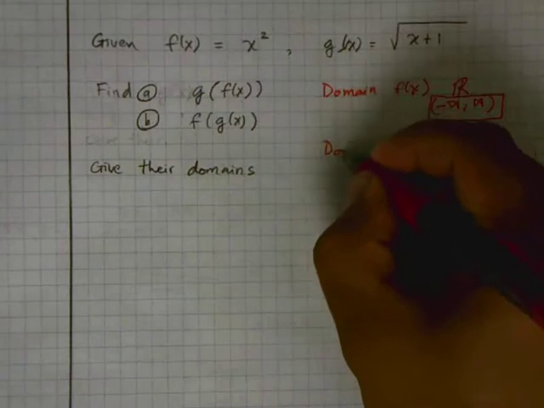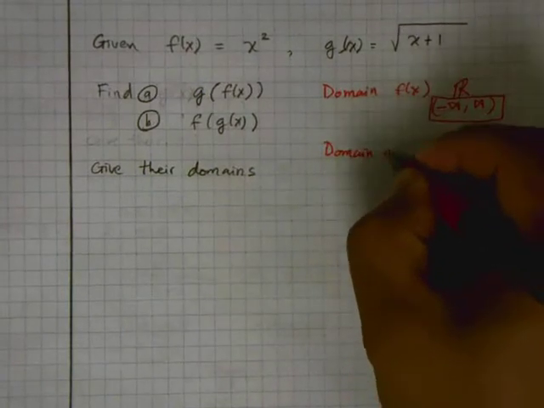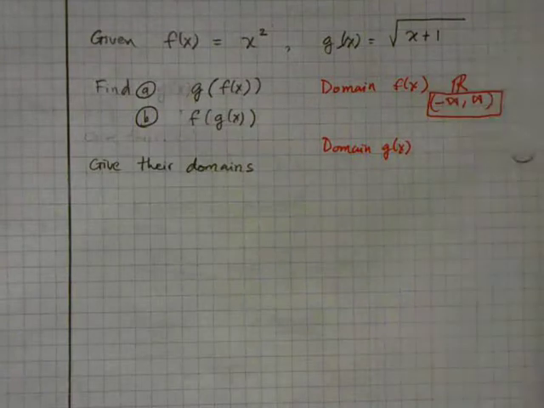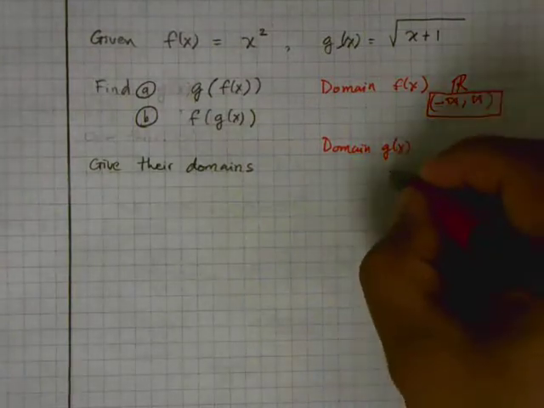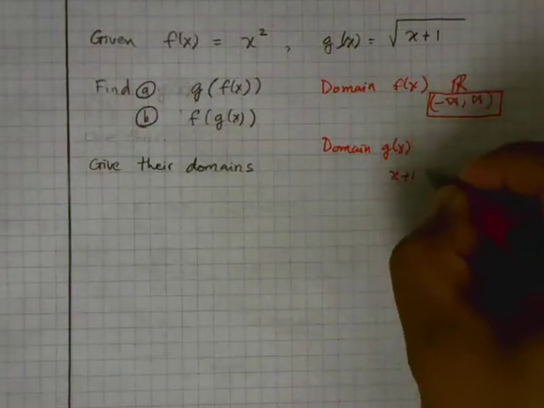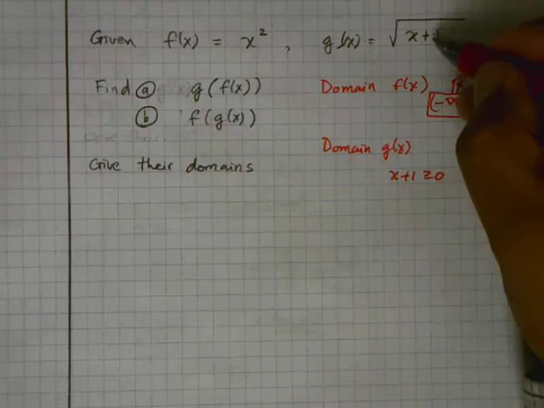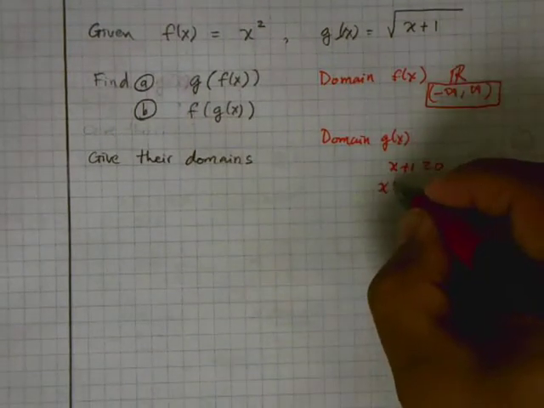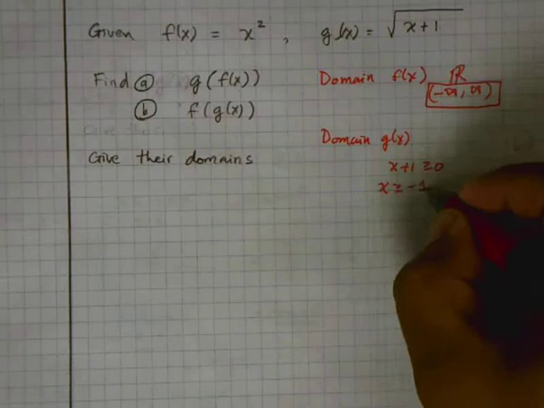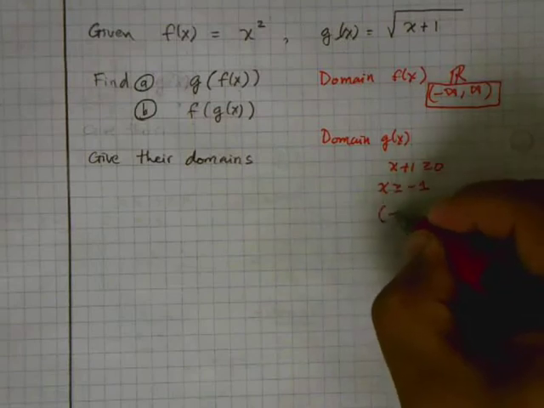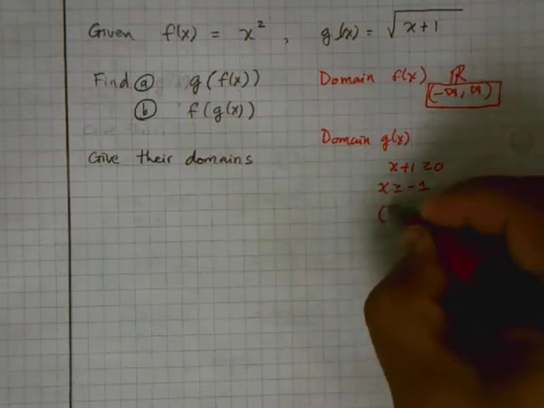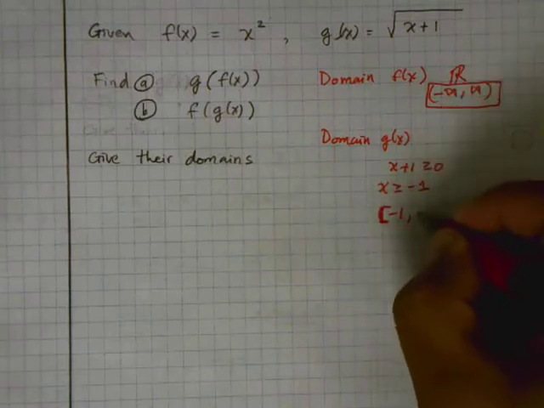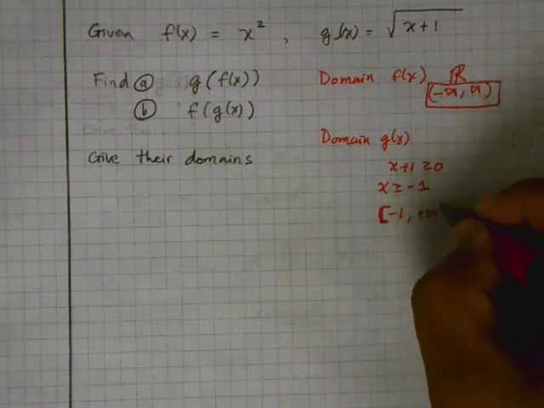And how about the domain for g of x? Well, we know once again that x plus 1 has to be greater than or equal to 0, because whatever is inside the square root cannot be negative. So x has to be greater than or equal to -1, or in interval notation, we can use the square bracket here because it's greater than or equal to, going from -1 to positive infinity.